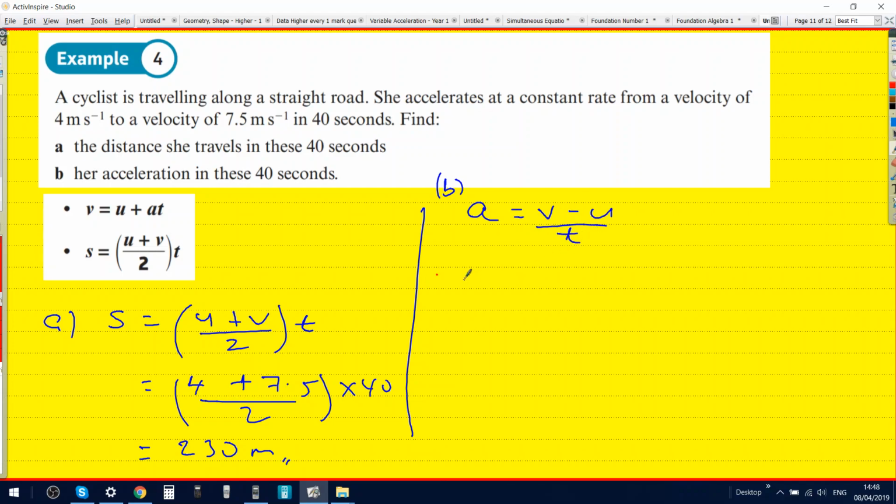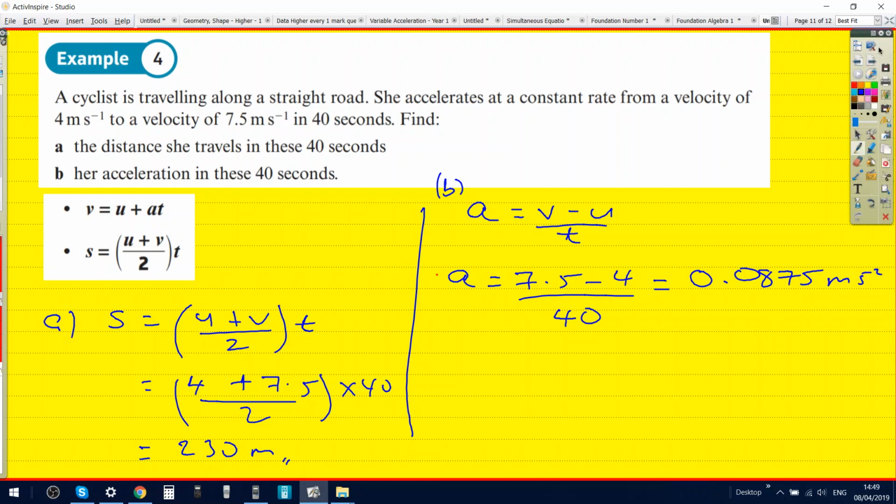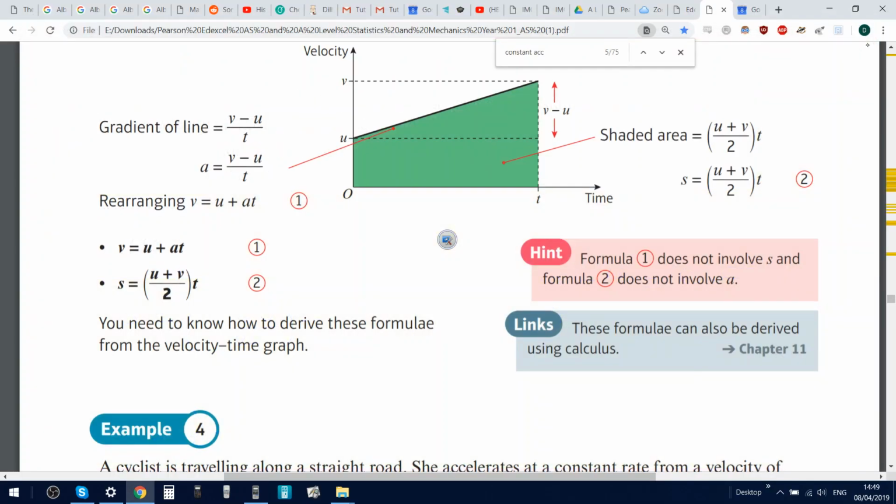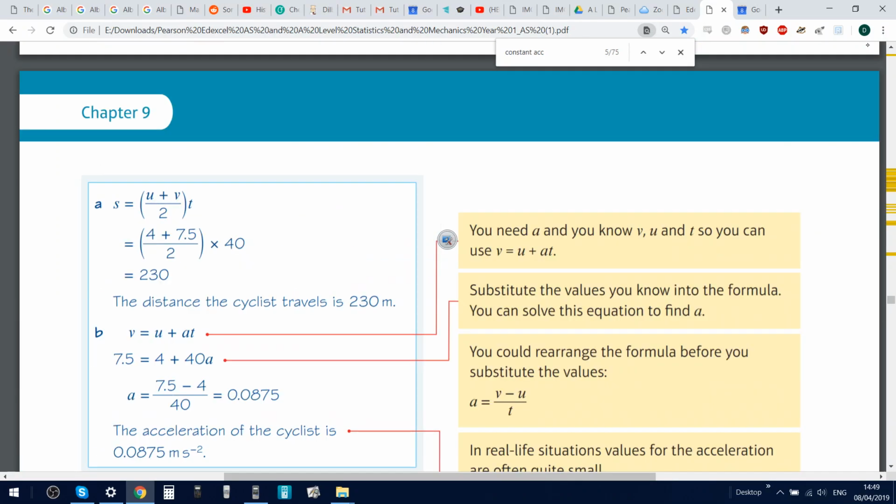Take away this 3.5 equals 40a, and then 3.5 over 40 will equal acceleration. 0.0875. Unit for this one? Meters per second squared. Yeah, because it's acceleration. So we have 230 and 0.0875. Great.